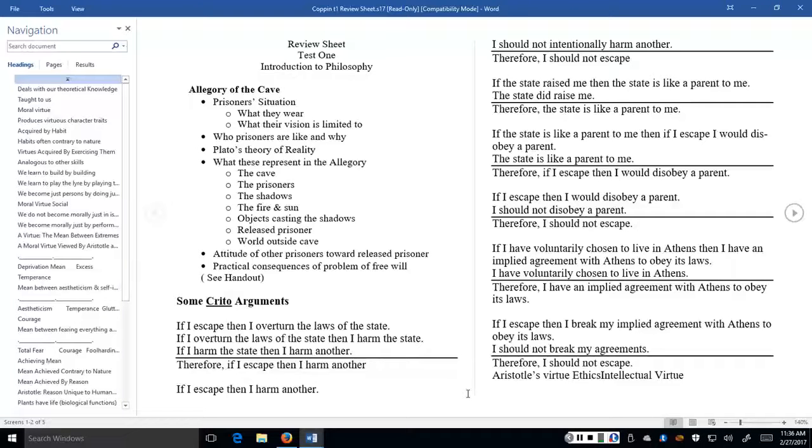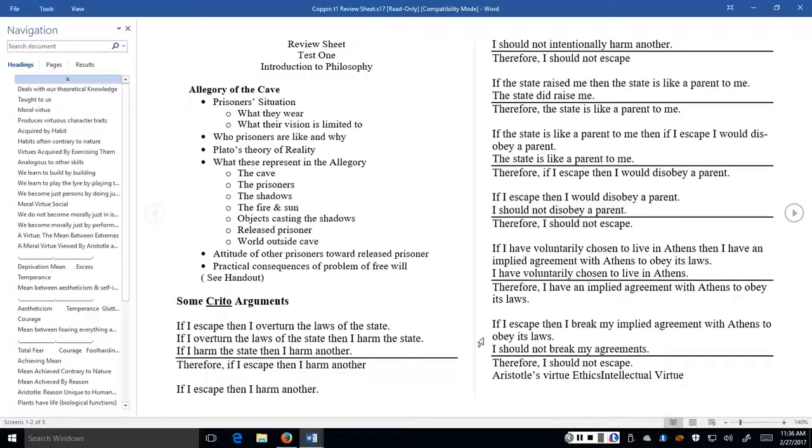In the Crito, you want to focus on the main arguments that have as their conclusion, I should not escape, because those are the main arguments he uses. So he says, if I escape, then I harm another. He looks at the state and harming the state as if it were harming another individual.